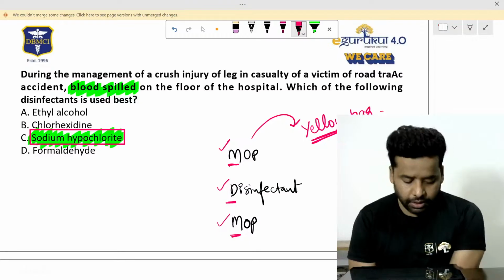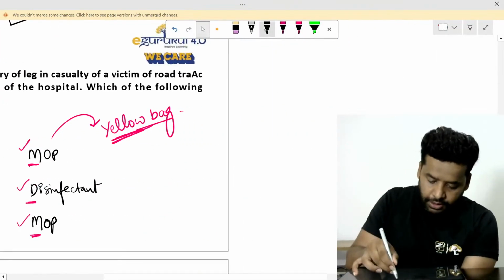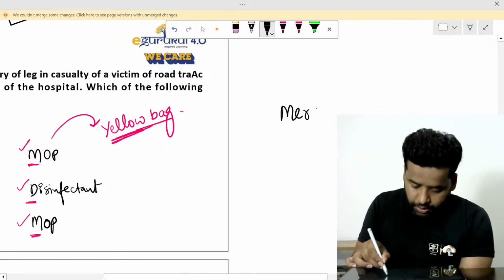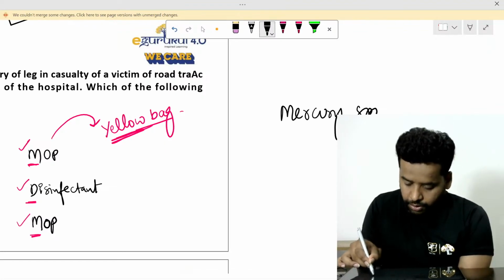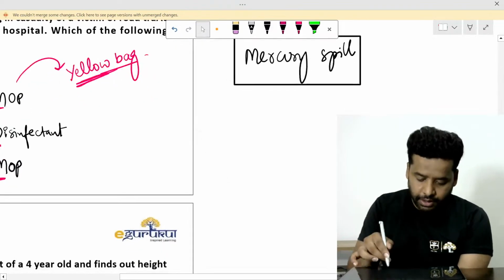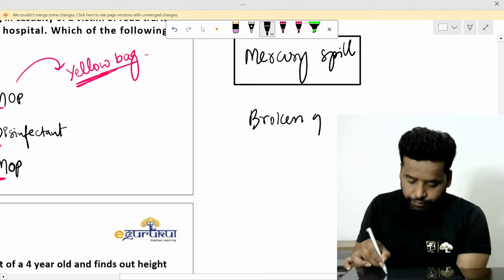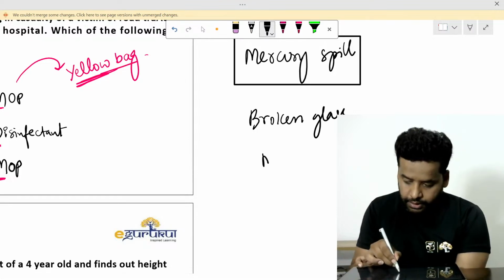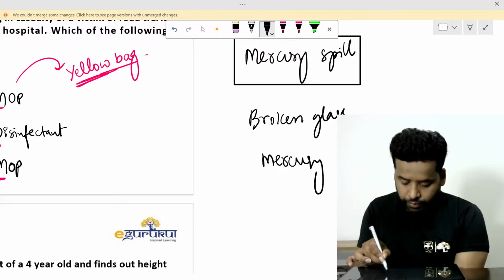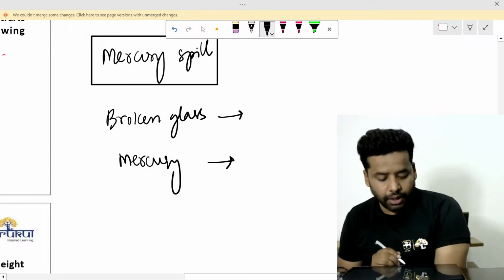Either they will ask about a blood spill or a mercury spill, as I have discussed in the classes. For a mercury spill, very easy question, they'll repeat this. At the bedside there will be broken glass and mercury.